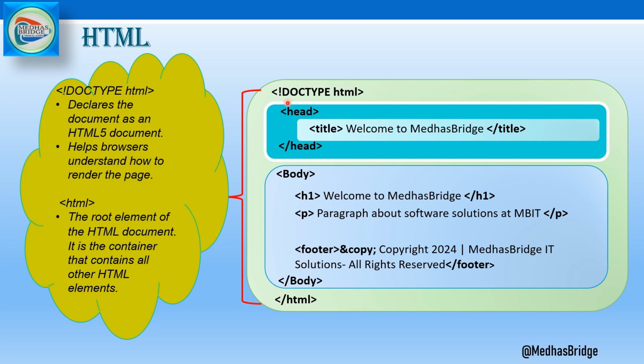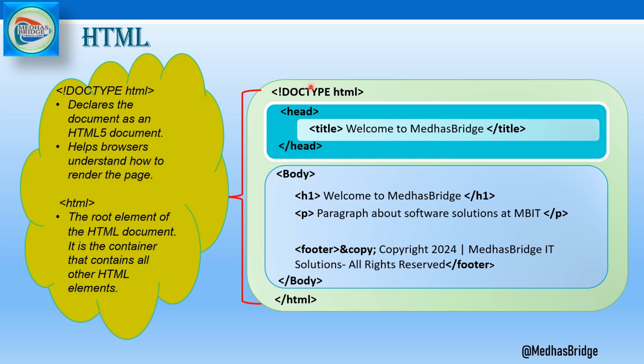Whenever the web browser sees the root tag, there is something like an exclamation mark, also known as a bang, right? Doctype, and HTML. So this declaration tells that the document is an HTML document.